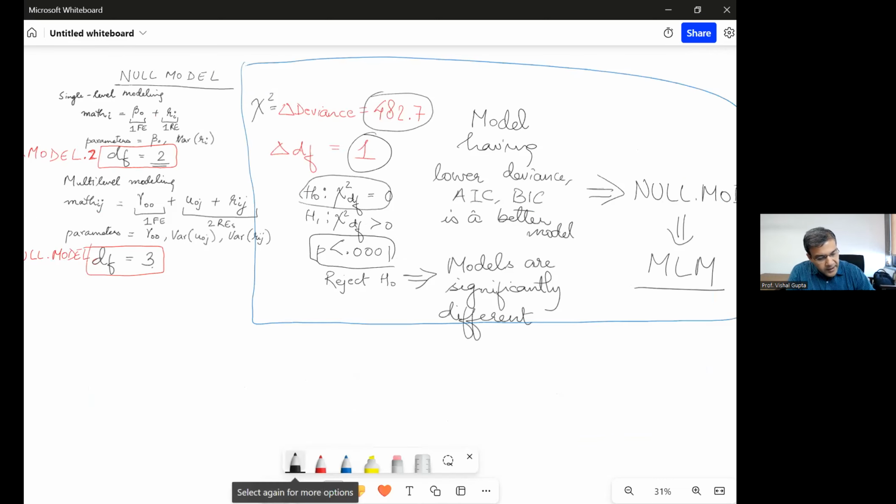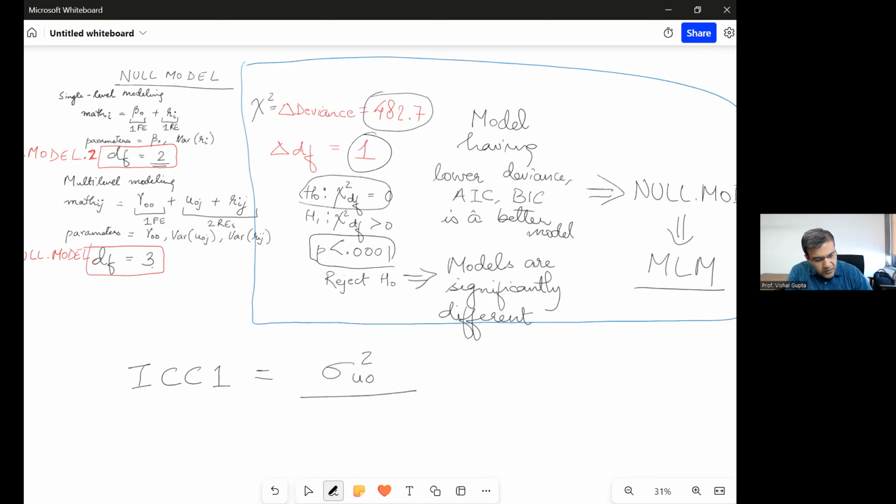The second thing that the null.model is giving us is that it helps us compute both ICC1 and ICC2. ICC1 we know is sigma square U0 divided by sigma square U0 plus sigma square R. We know from our analysis sigma square U0 is 10.606, I think, check your analysis, divided by 10.606 plus 66.51.